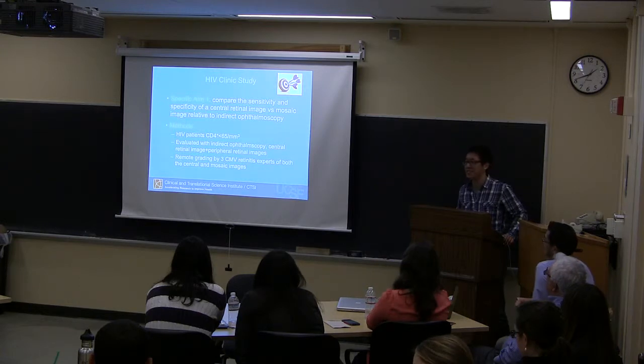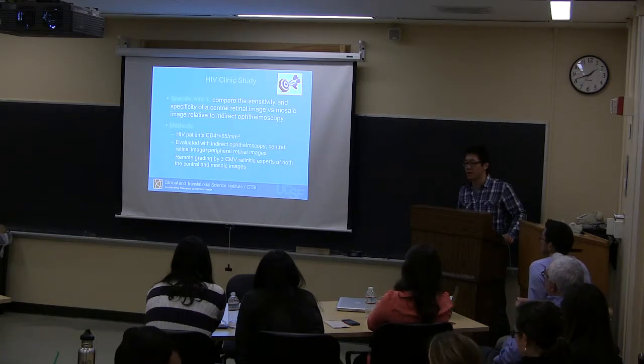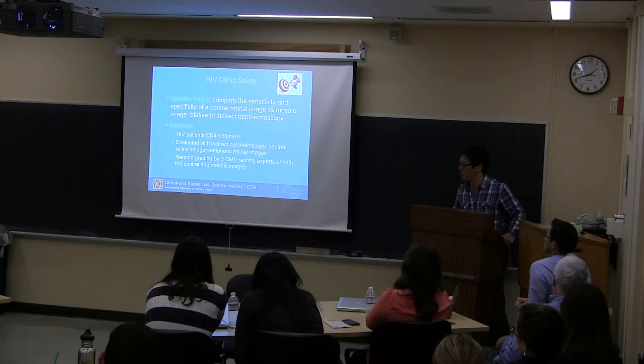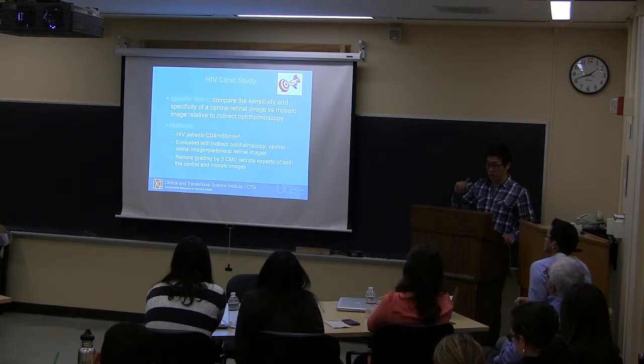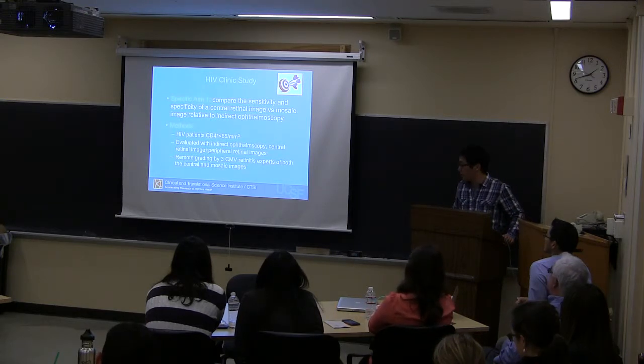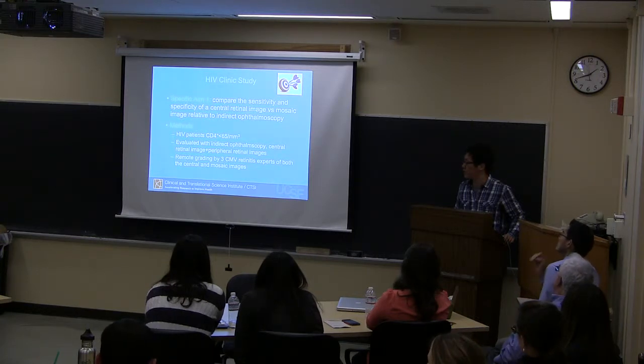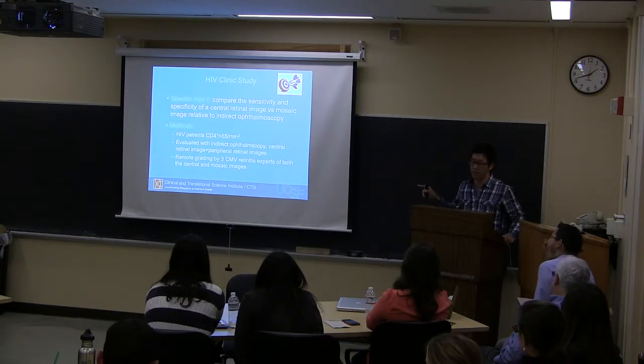Each of these patients who are seen at the clinic will be evaluated first using indirect ophthalmoscopy by an ophthalmologist, which we'll be using as our gold standard. And then we also have images taken of both the central retina and the peripheral retina. Then these images will be sent back to remote graders here who have experience in diagnosing CMV retinitis, and they will be grading each of the images, both the central and mosaic, independently.